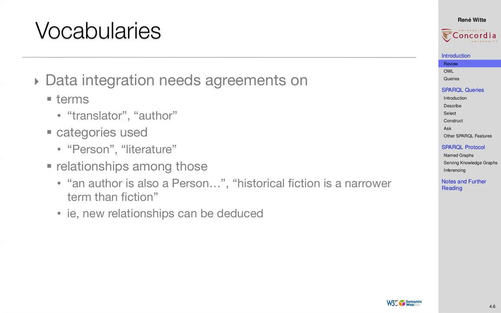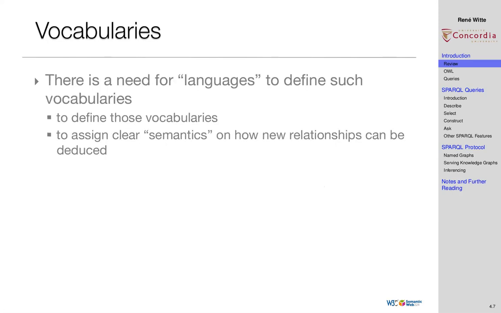So how are authors and persons related, and how are books and authors related? And this is done with a vocabulary language. I mentioned that this is also called ontology or schema, depending a bit on the domain you're coming from. But essentially, this is a language that enables you to define these vocabularies. And the goal is to give a clear semantics on the description of the data that we have.